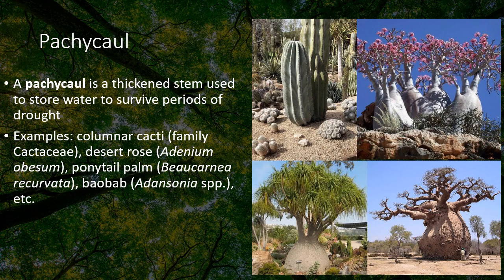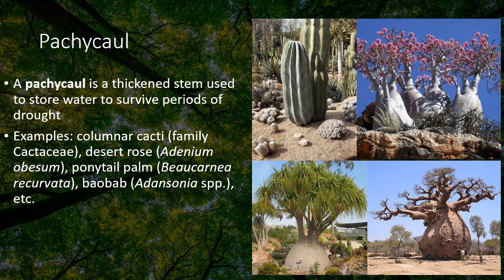Another feature of these pachycauls is that plants that have them often have really thick protective bark or they will have spines. I don't have an image of these on the slide, but the Pachypodium species from Madagascar as well as the cacti have extremely spiny stems, and that basically helps protect them from desert animals, which might want to get at some of that water.